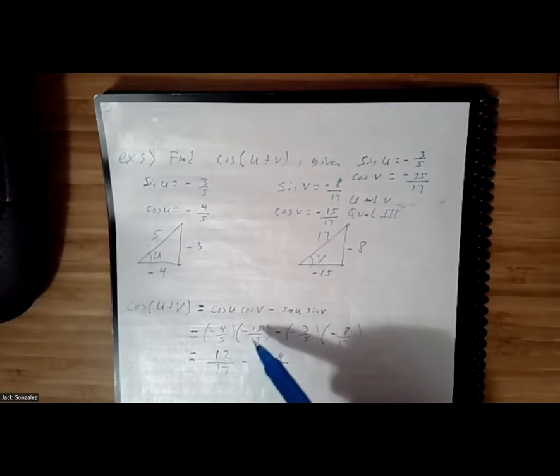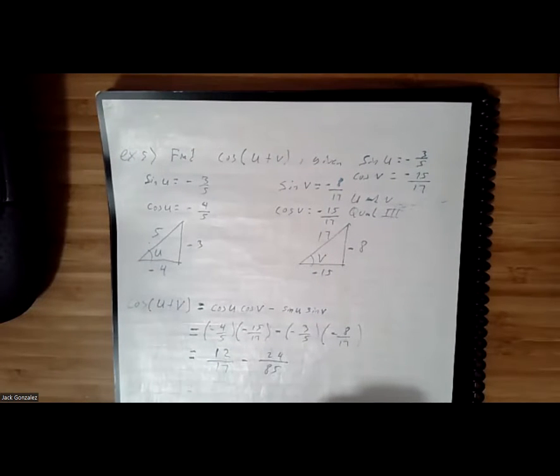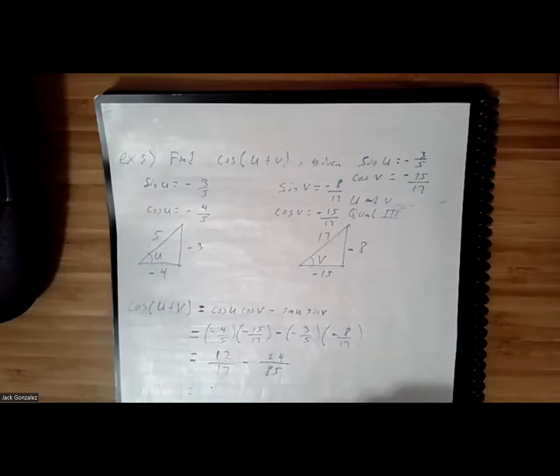Negative is positive. 5 is better than 15, 3 times. 3 times 4 is 12. 17 is by itself. Okay, cool. Subtract these with your calculator or whatever, doesn't matter. You should get 36 over 85. I'm going to check though.